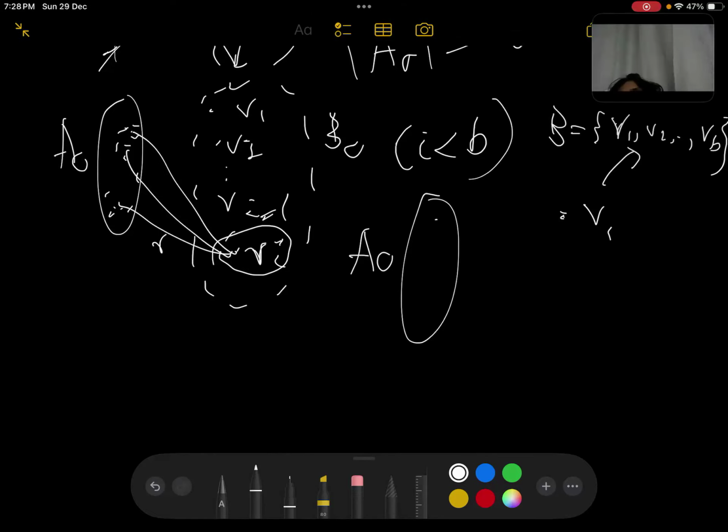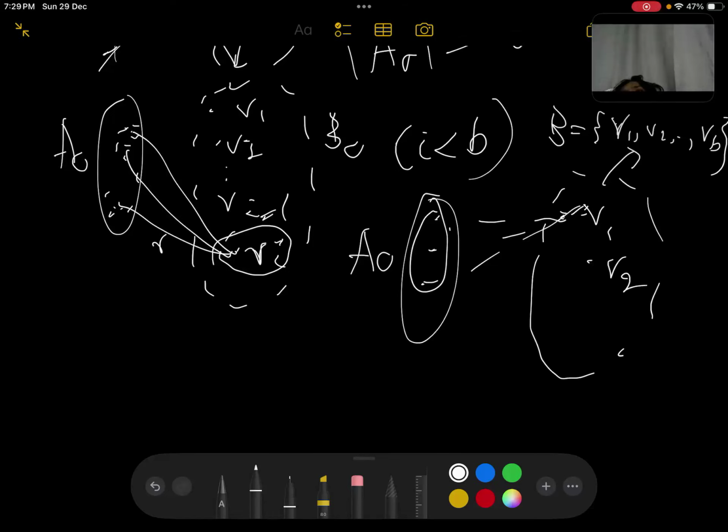Well, if V1 has these three as neighbors, then these three vertices in A naught should have a common neighbor that's not in A naught. If they have that, then we can find V1. So we have found V1 and we start our B naught journey. Look at V2. Again, suppose V2 is adjacent to these two vertices. Then these two vertices should have a common neighbor. That neighbor should not be in A naught and that neighbor cannot be V1.